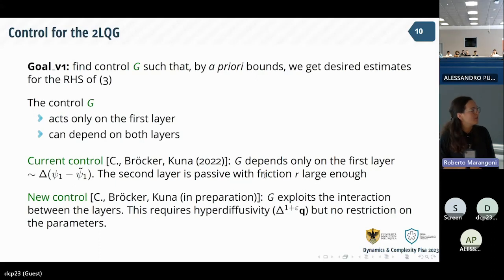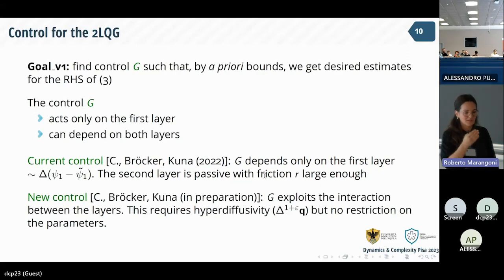That's the origin of this requirement that we have on the friction. We are effectively asking for the second layer to be passive on its own via a large friction, and then the control is helping stabilize the first layer instead. A new control is a work that we have in preparation. We are very confident that this new control exploits the interaction between the layers a bit better, which this control didn't.